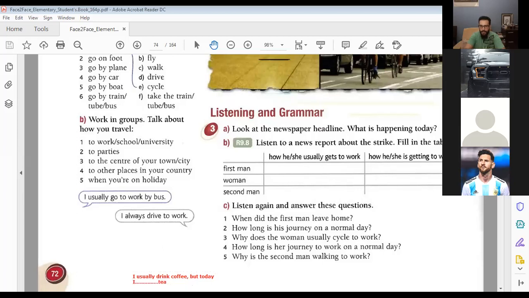Okay, very good. I usually drink coffee, but today I'm drinking tea, right? Yes. Did you understand the idea? The person breaks his routine today, something different. You get the idea?